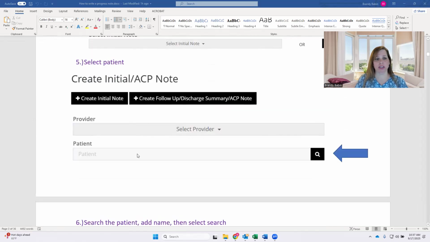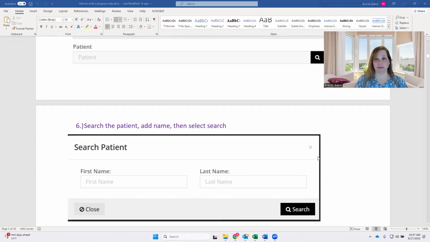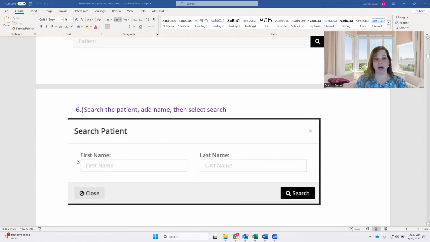When you're selecting the patient, you'll see this blank spot of provider. This is where you're going to select it, and you're going to click this little magnifying glass. Once you click the magnifying glass, it will open up this box. This box is where we're going to search by patient first name and last name.